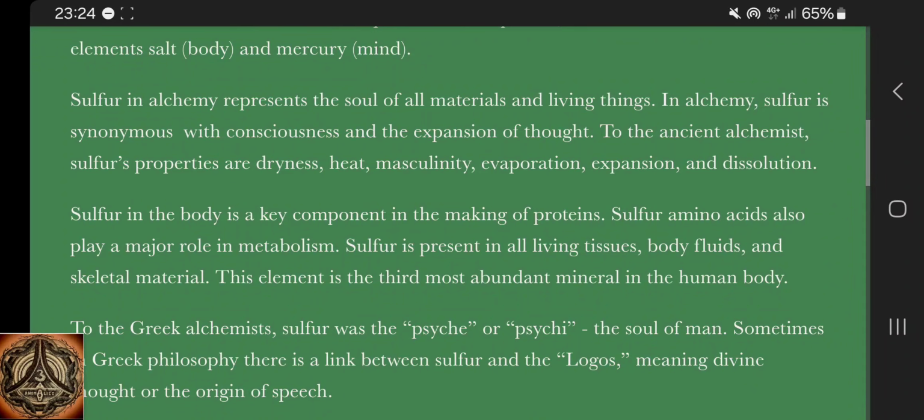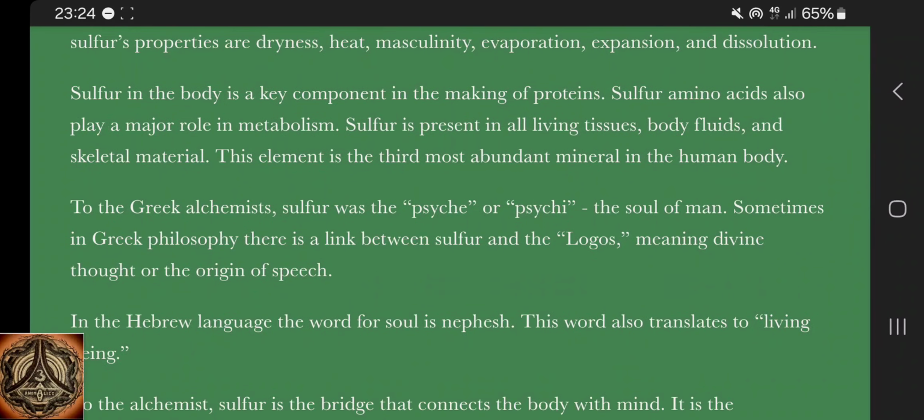Sulfur in the body is a key component in the making of proteins. Sulfur amino acids also play a major role in metabolism. Sulfur is present in all living tissues, body fluids, and skeletal material. This element is the third most abundant mineral in the human body.